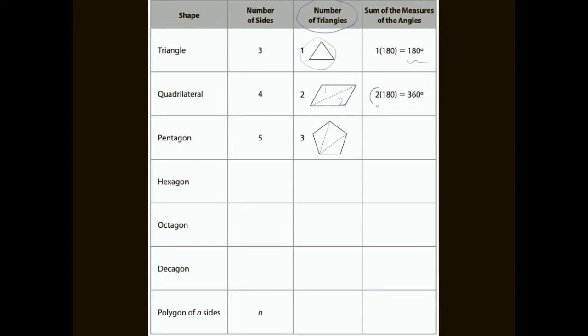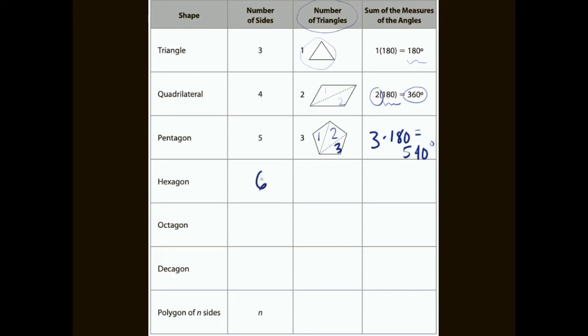So I take 2 times the measure of the interior angles in a triangle to get 360. In a pentagon, I can count 1, 2, 3 triangles and get 3 times 180, which will give me 540.